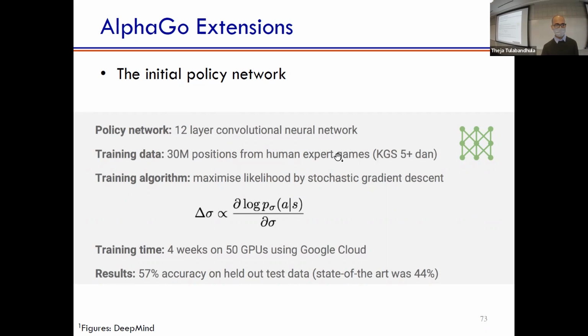From human expert players, with this data, you learn a network which is trying to predict the position. So it's a multi-class classification problem, with gradients to learn the parameters. At that time it took 4 weeks and 50 GPUs to get to some multi-class classification accuracy. Here it's 57%, whereas previously it was 44%. So this is just classification, the initial network.